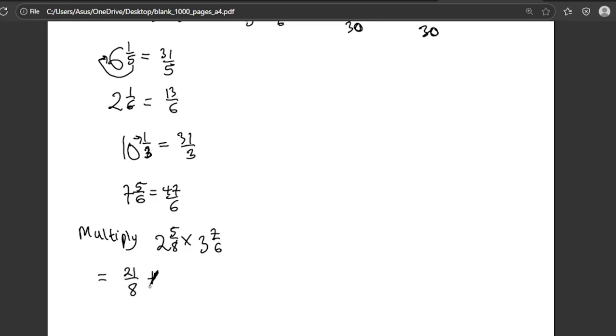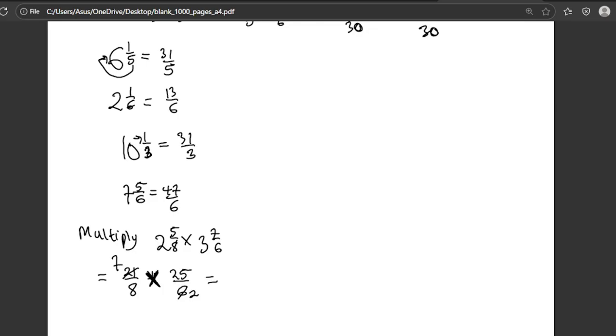Second one, the denominator is 6. Multiply that 6 by the whole number 3. 6 times 3 is 18. Add it to the numerator, plus 7, that's 25. 25 over 6. Are there any common factors? 3 in 6 is 2. 3 in 21 is 7. Are there any left? No.